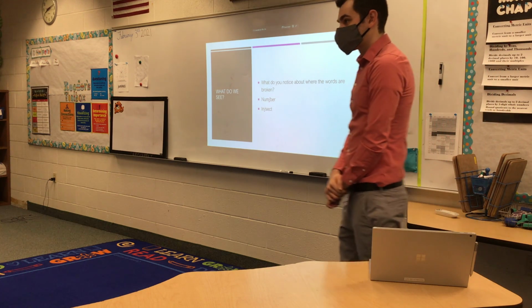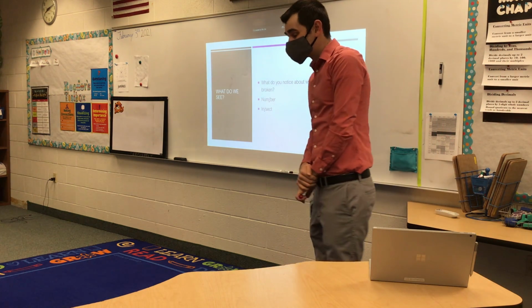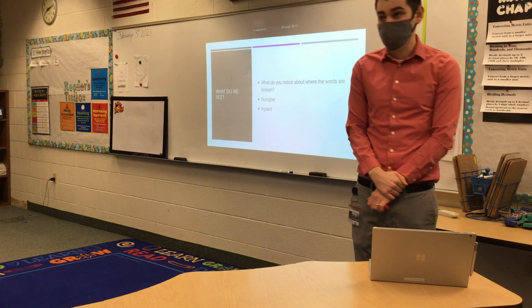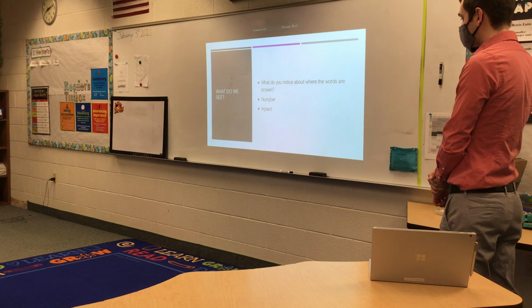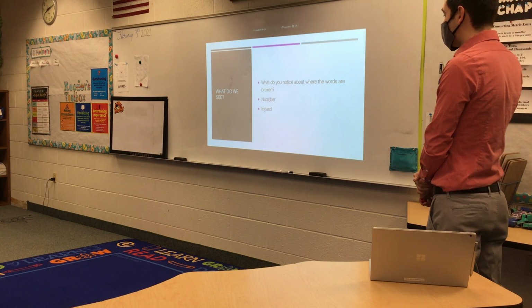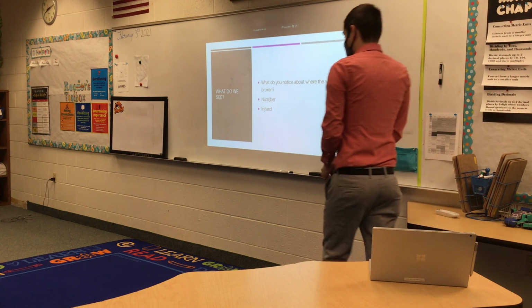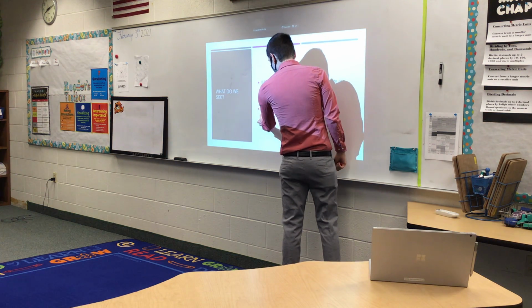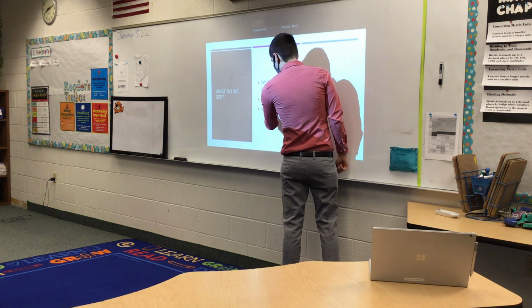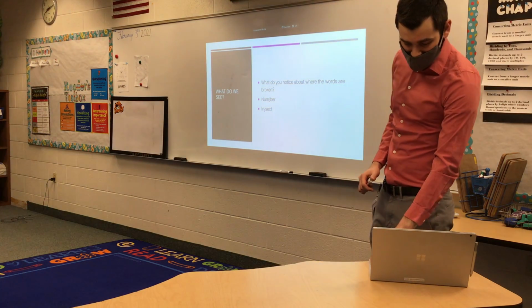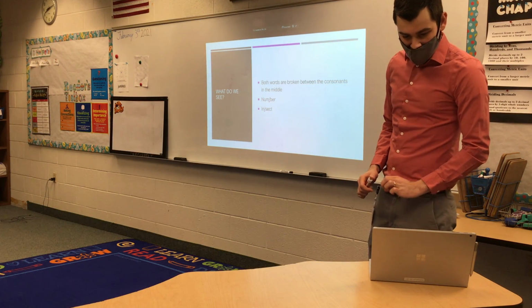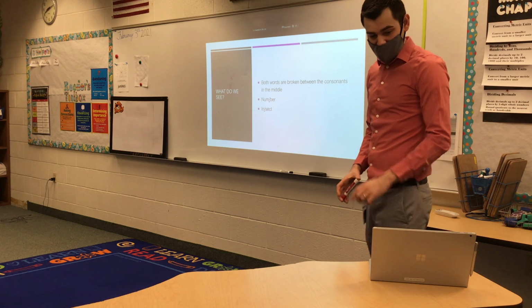Bracken? Right before and after the slash is a consonant. Exactly. That's what we're looking for. Consonant, consonant. So we're breaking the syllables between consonants. Both words are broken between the consonants in the middle.